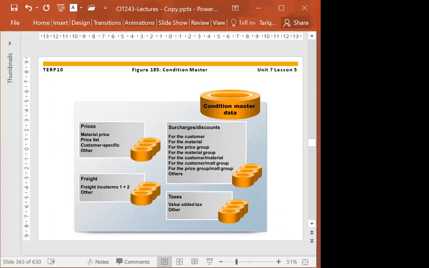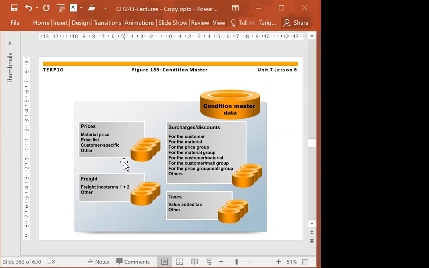Now we have the condition master data. The condition master data has all the conditions that we need to sell the product. If we don't have it, we cannot know the final price of the material. If we have a discount, we need to know it. If we have to pay taxes on that material, we need to know the taxes to find the final price.